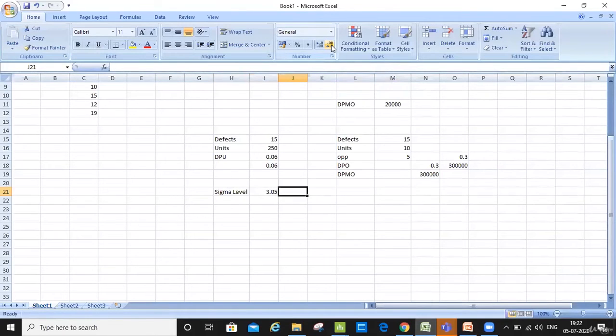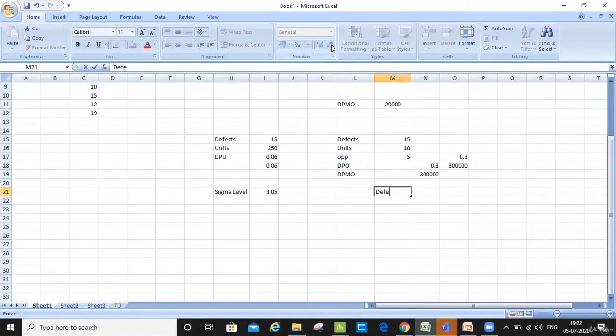So this is the formula. Now, if you want to calculate the sigma level for the second example, where I have 15 defects and 50 opportunities, can someone calculate the sigma level for me?